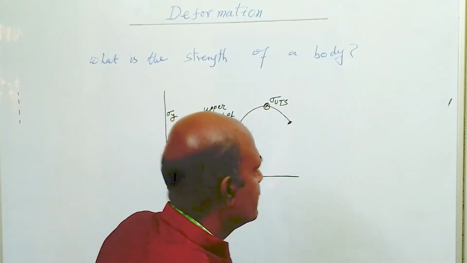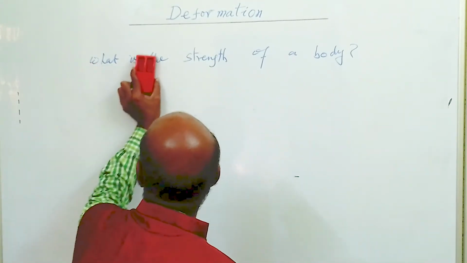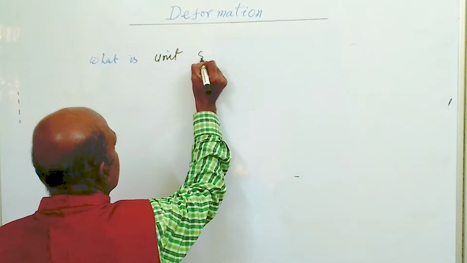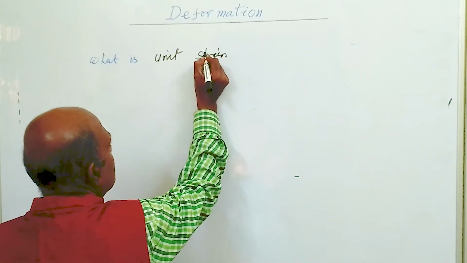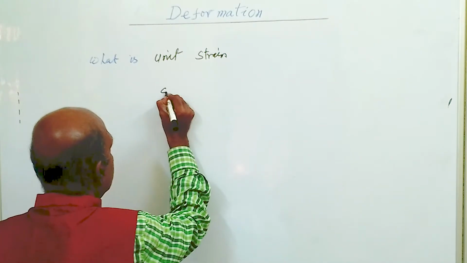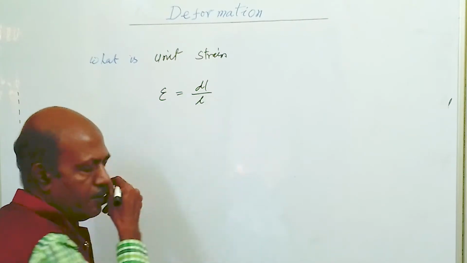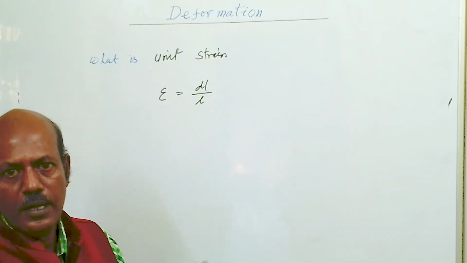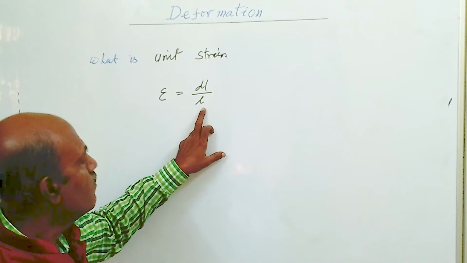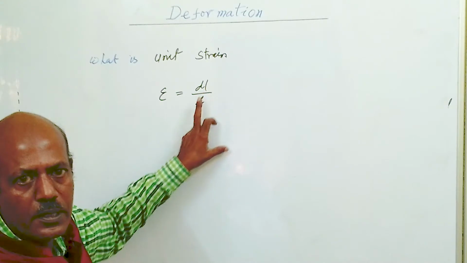Okay, next question we will see, that is, what is unit strain? We know the definition of strain: strain is denoted by epsilon is equal to dl by L. dl is the deformation produced in the body for a length of L. As per definition, it is the deformation produced per unit length of the body.